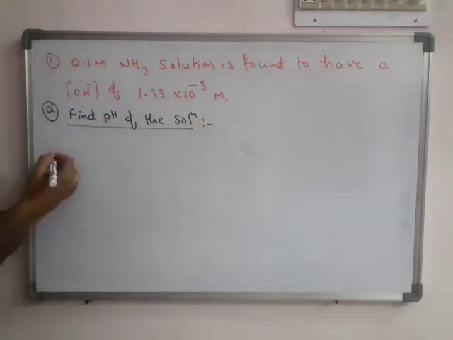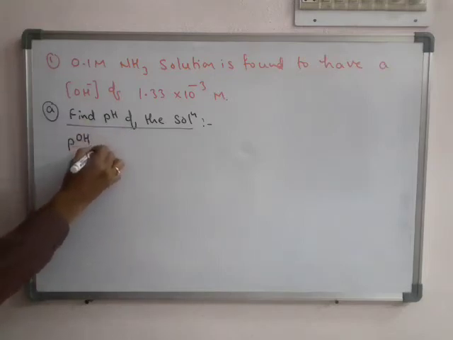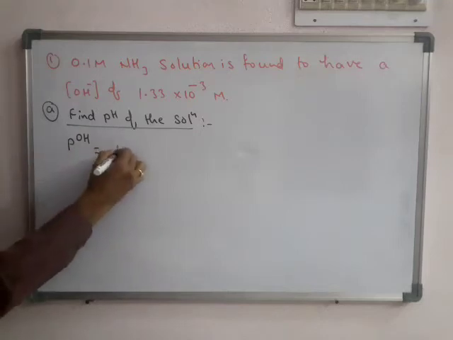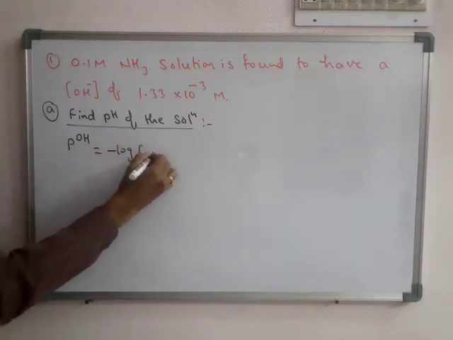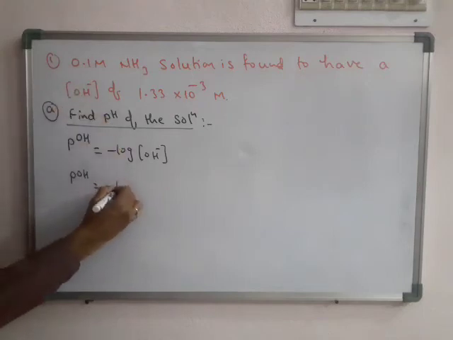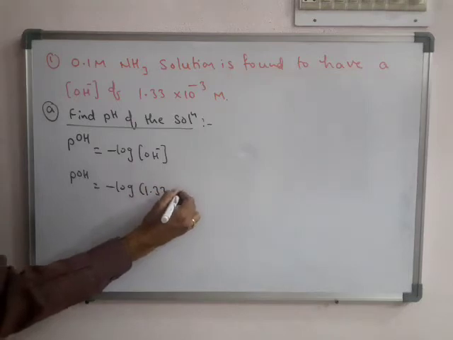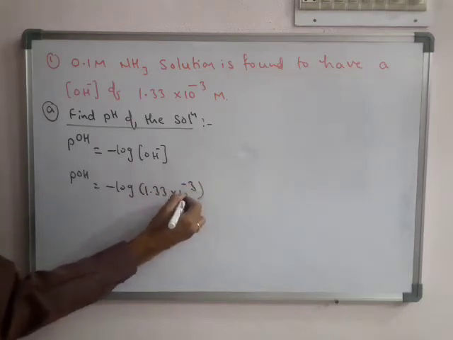So actually it is a base, so for bases we always calculate pOH. So pOH is minus log OH minus. Here don't get confused about the 0.1 M. The OH minus concentration is exactly given, 1.33 into 10 power minus 3. We have to consider that.